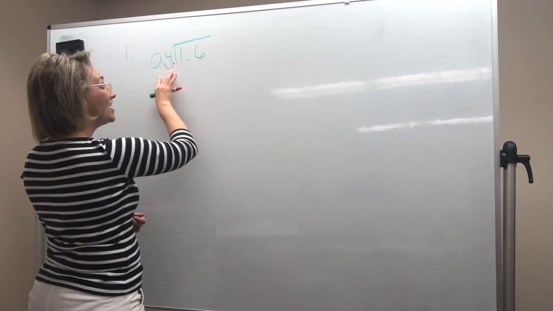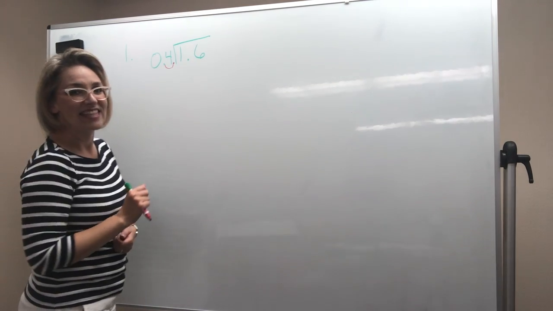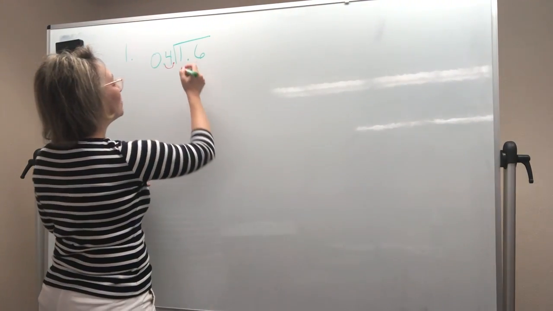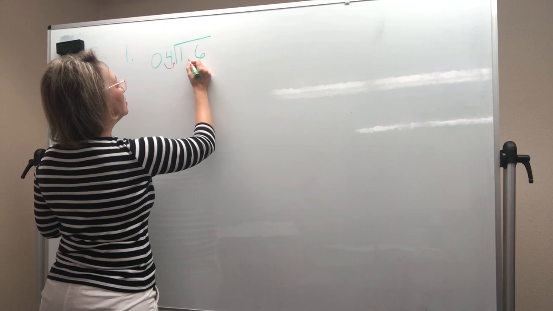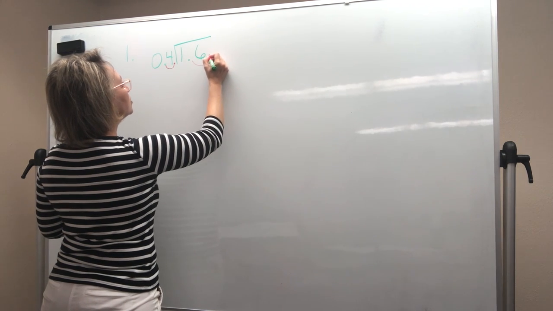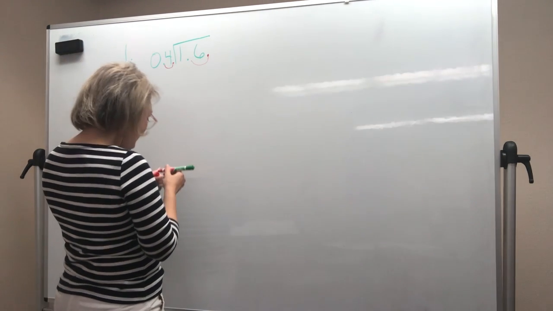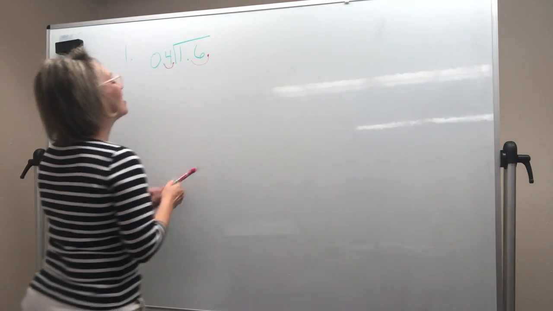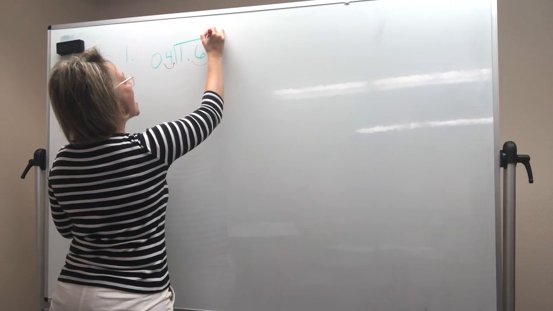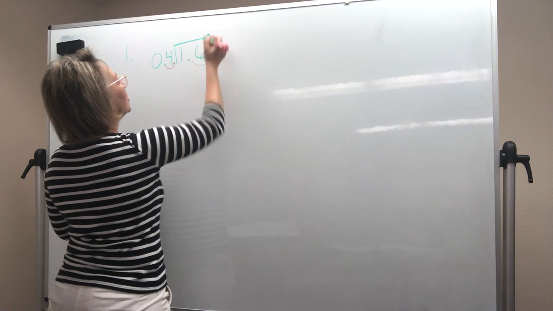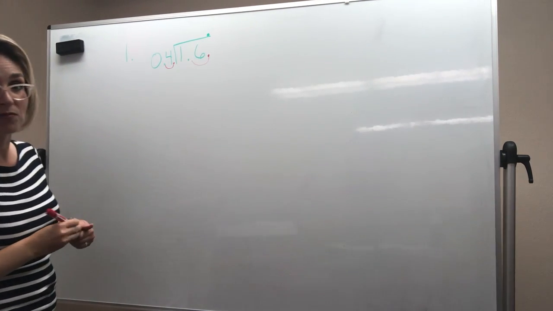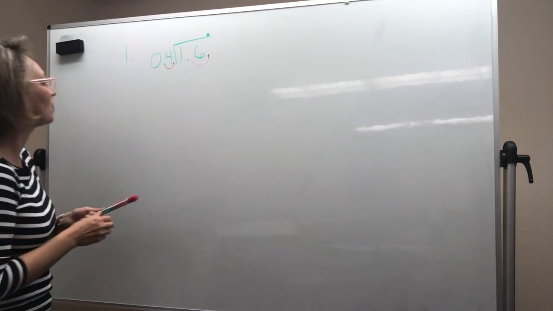But what we move on the outside, we have to move the inside decimal the same amount. So that one moved 1, so this one has to move 1 to right there. Now that we have moved our decimals, I can put my decimal up here on the answer line. Do not put it early or you'll get messed up, okay?